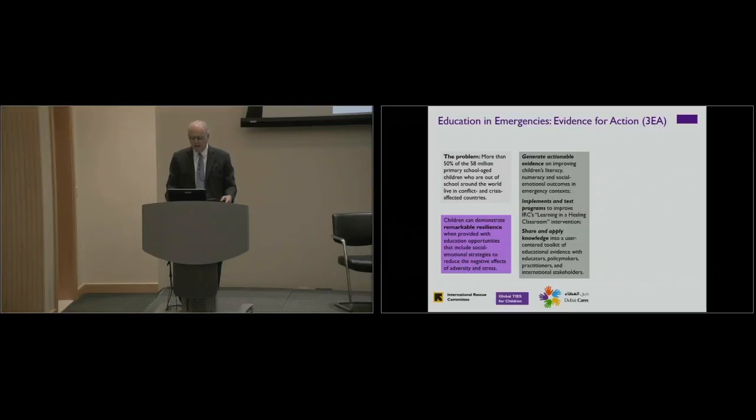There's lots of ways we generate actionable evidence. And you see, besides the International Rescue Committee and Global Ties, that our main partner in that initiative is our colleagues at Dubai Cares. And Dubai Cares has been very generous in recently awarding the IRC and the Global Ties a grant to work for the next several years in 3 emergency situations.